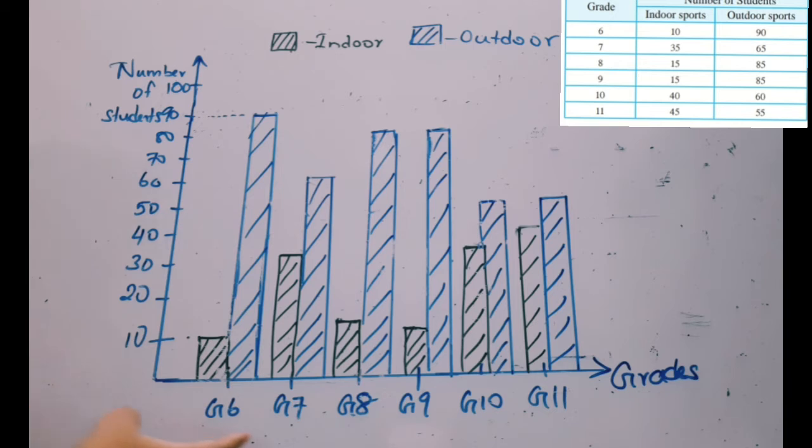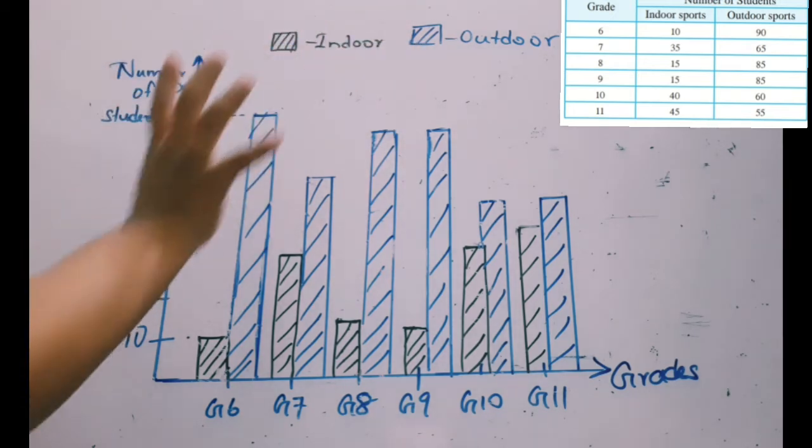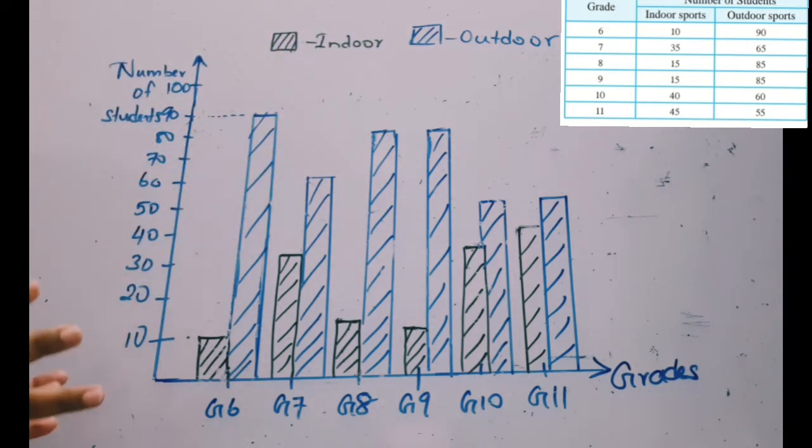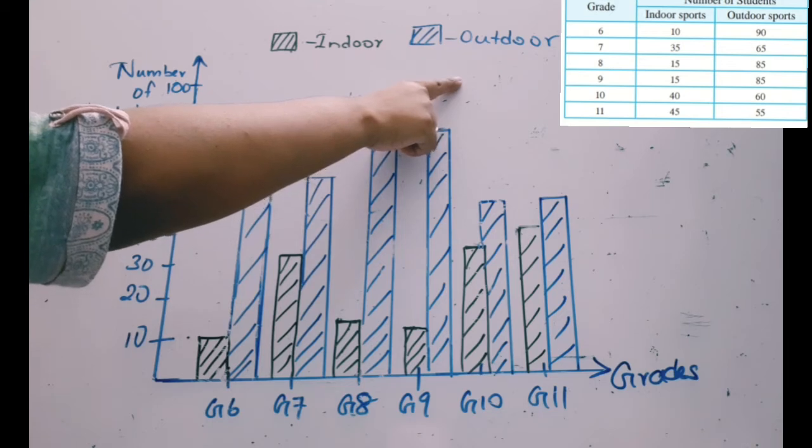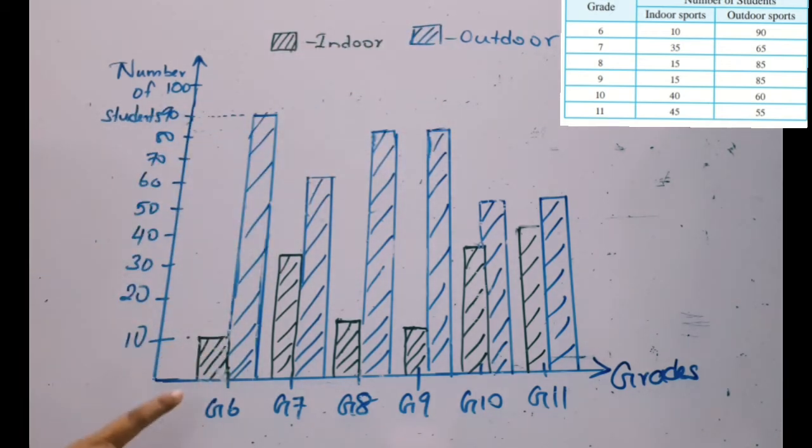After that we name the horizontal axis as well. Then if it is a multiple bar graph, we have to choose two different colors, or two or more depending on the question. Here we do have two subcategories, which are indoor and outdoor, so I chose two different colors. Then we have to represent it in this way.